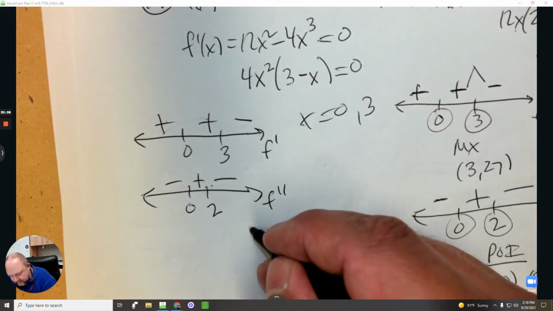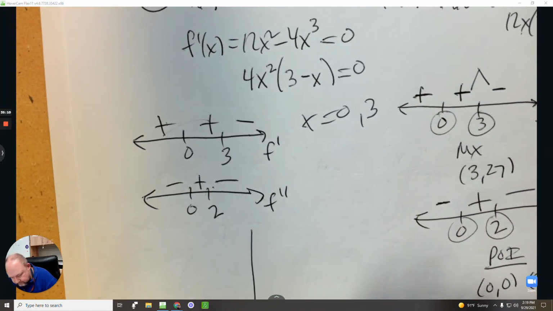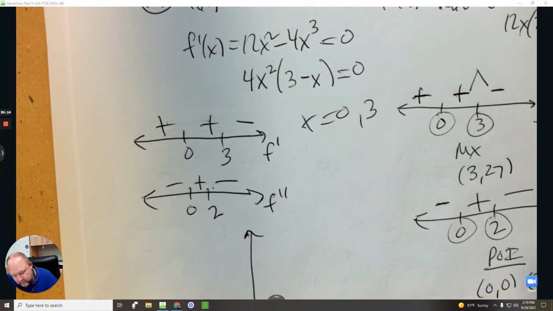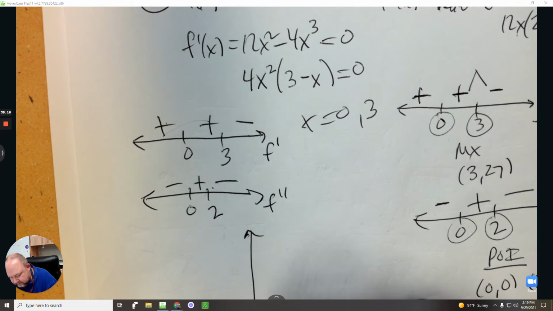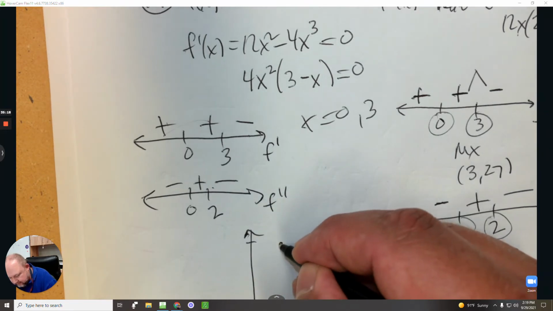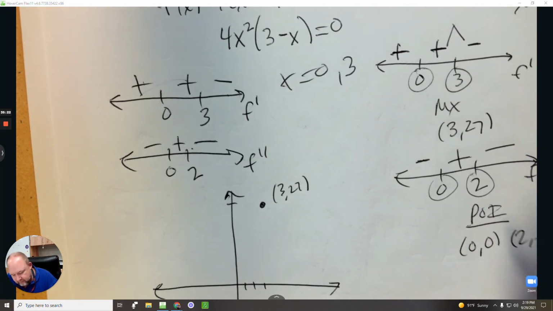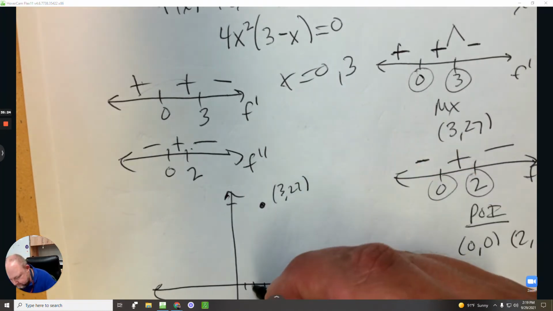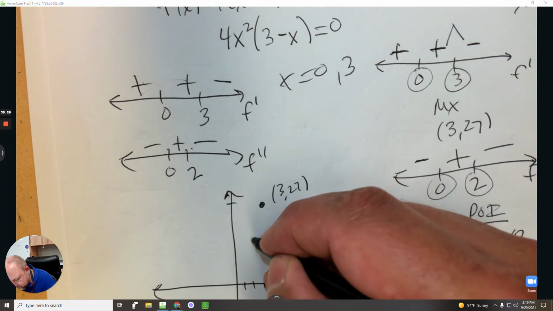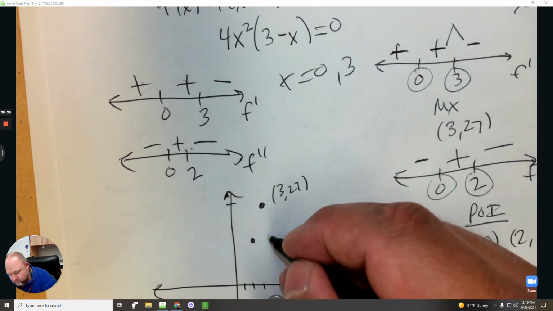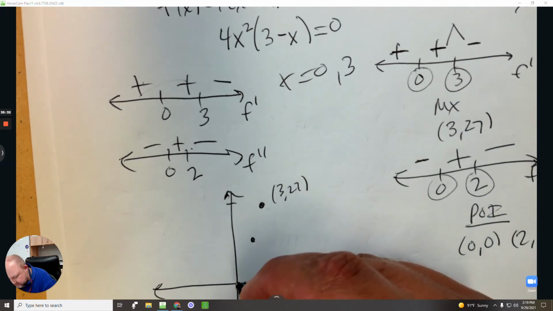And then the points that I need to put down on the graph. So I have 2, 3 and 27. I'll put that at the top of my graph. I also have 2 and 16. And 0, 0.